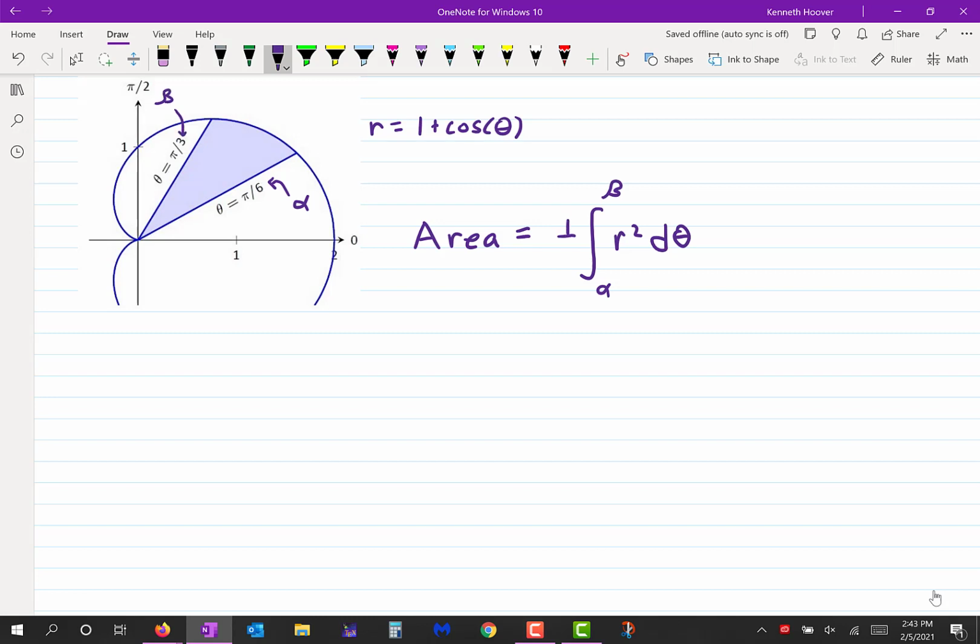And then you cut that in half, and that'll give you the area. So for us, that's going to be 1/2 integral from pi over 6 to pi over 3 of (1 plus cosine theta) squared d theta. Okay, so that's a very easy integral.